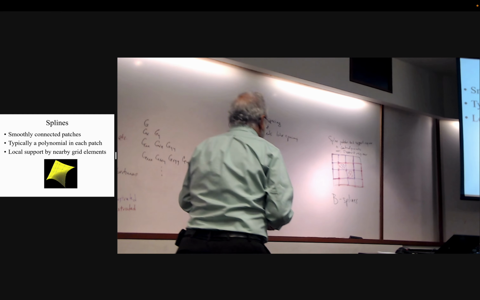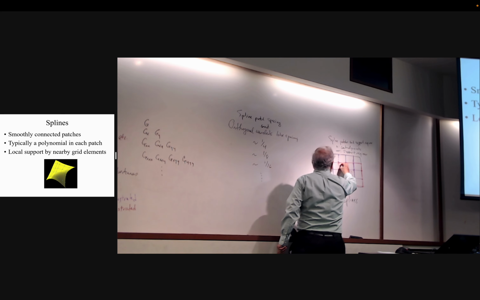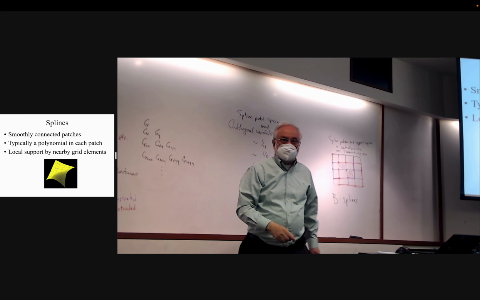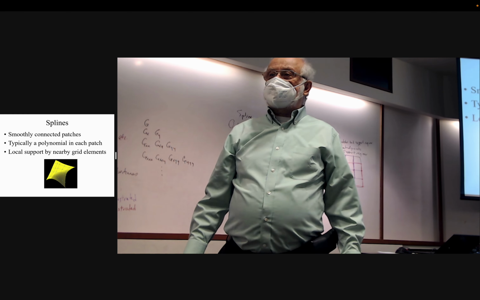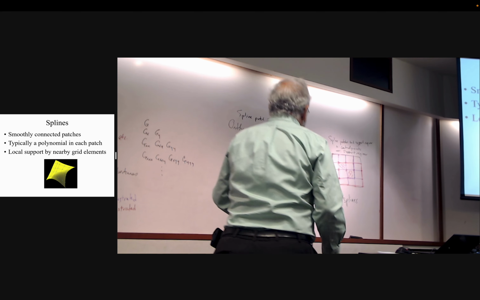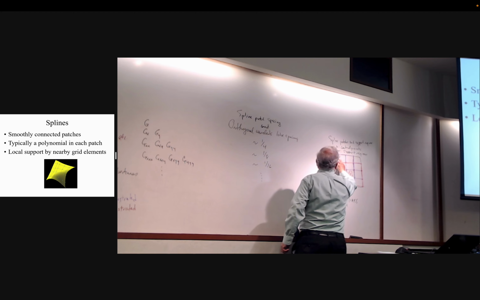What happens is that the coefficients of the polynomial here are determined by the surrounding 4x4 control points. So some image intensity values at the blue square, here, here, here, and here.